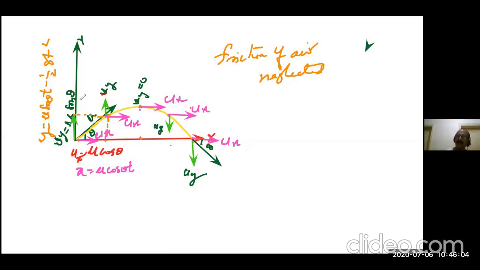If the u sin theta component is more, it will go higher. And horizontal motion is determined by the u cos theta component.